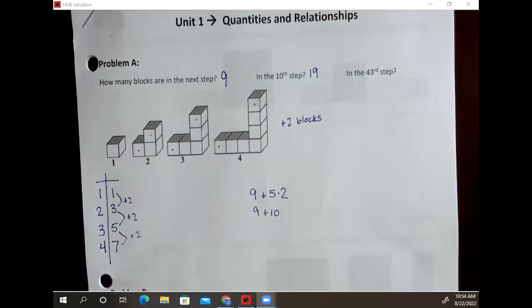Could I add 2 a whole bunch of times until I get to step 43? Sure. That's probably going to take me a while, but we absolutely could get there by adding 2, just sort of keeping track on our paper maybe until we got to step 43. What might be another way I could approach figuring out that number for step 43?